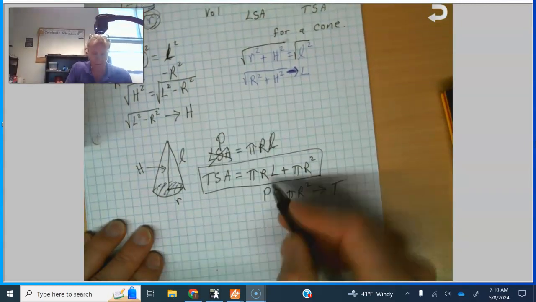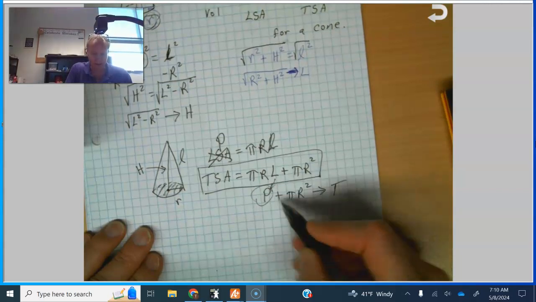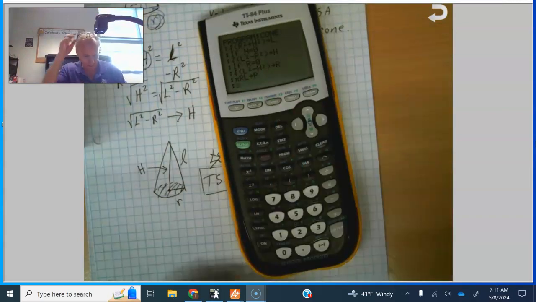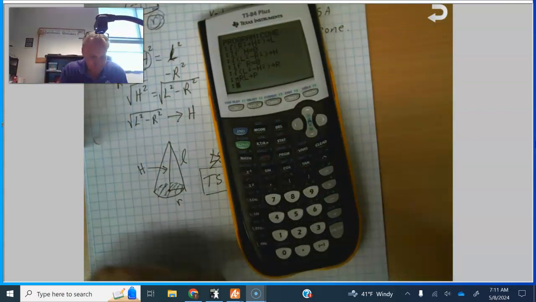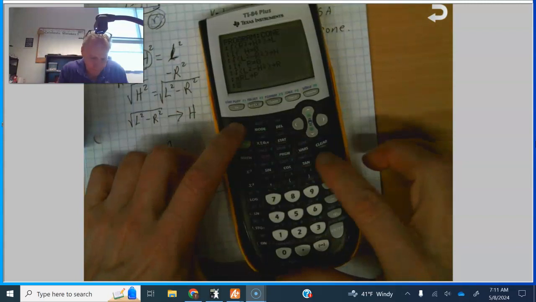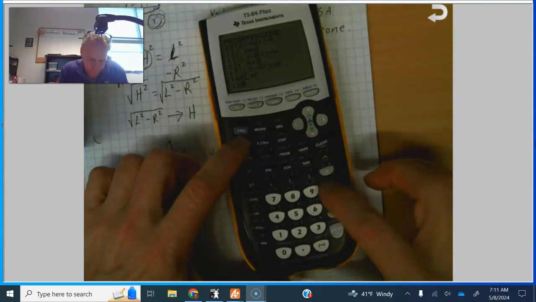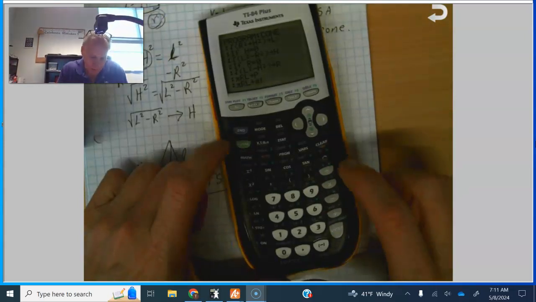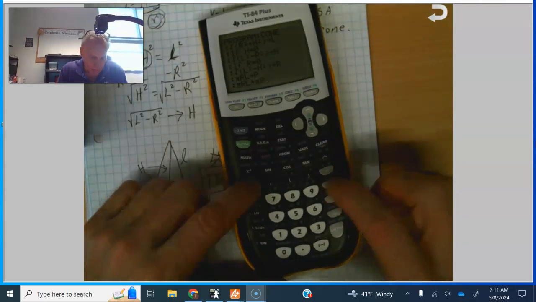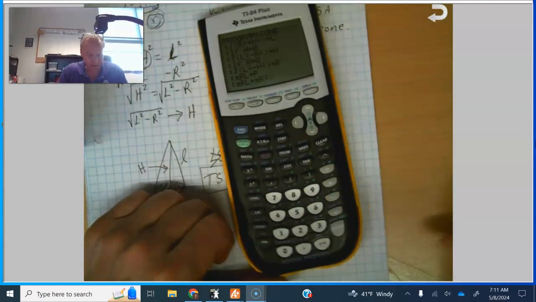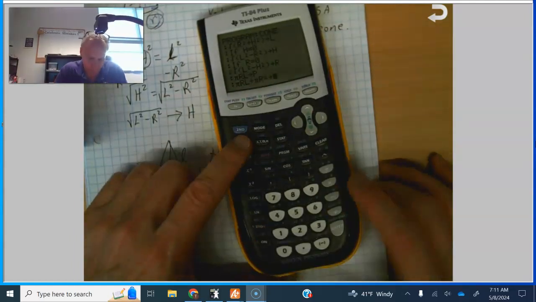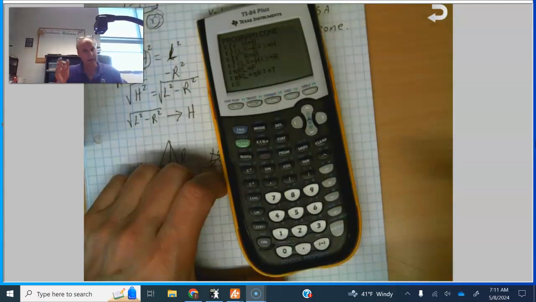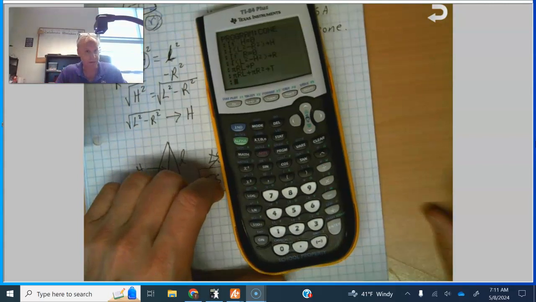But I'm going to go ahead and put the whole thing. So it doesn't matter. I could have put the P. Either way works. So I'm going to put in pi RL plus pi r squared. And I'm going to store that as T, my total surface area. And we're almost done. See, this is the easy part. Actually calculating the three things is pretty easy.